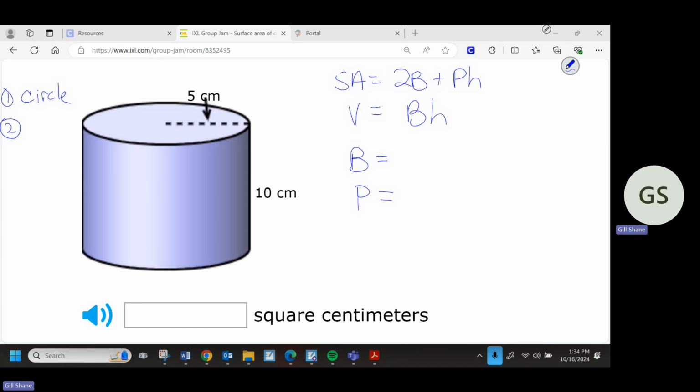Under circles, one of those formulas is the area formula of a circle. What's the formula for the area of a circle? Pi r squared. It's the one with a capital A. Hopefully that makes sense. The capital A would stand for area. So the base shape is a circle. The formula for the area of a circle is this.